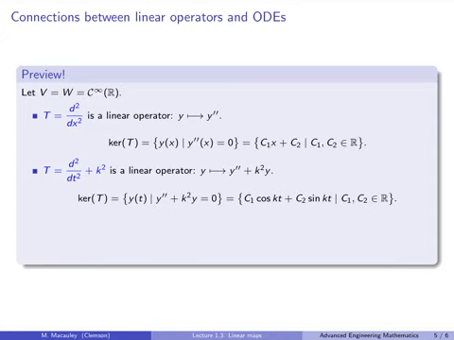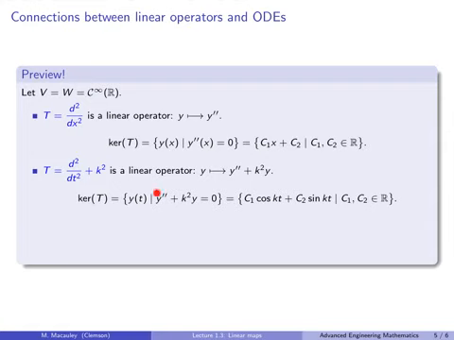So the solution is C1 cosine of kt plus C2 sine of kt, where C1 and C2 are real valued functions. So notice, this is a differential operator of order 2. You get a differential equation, and what you get here is a two-dimensional vector space. This is not a coincidence.